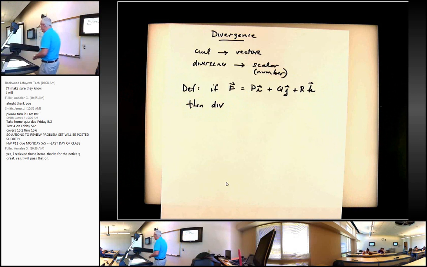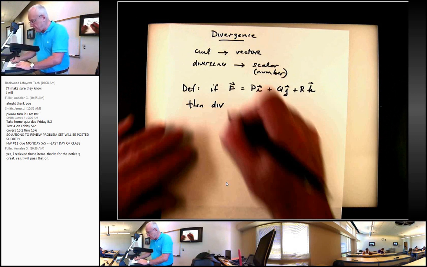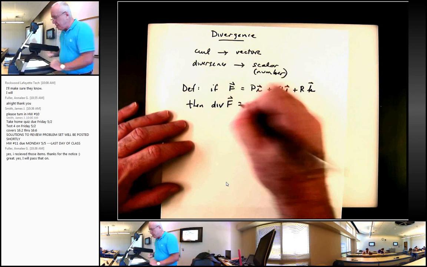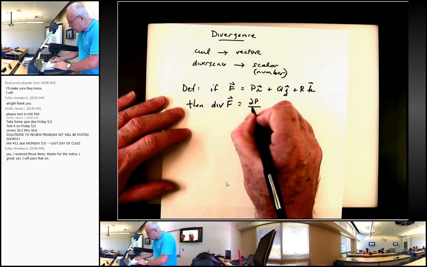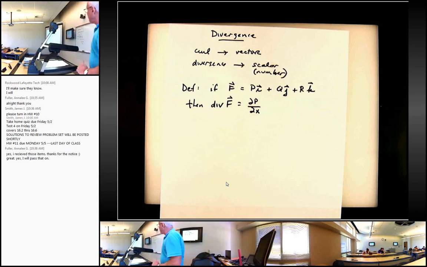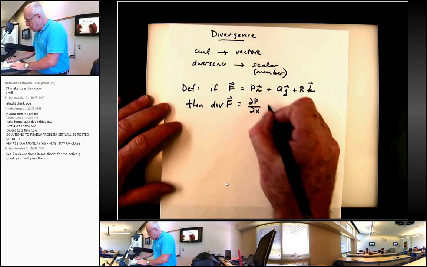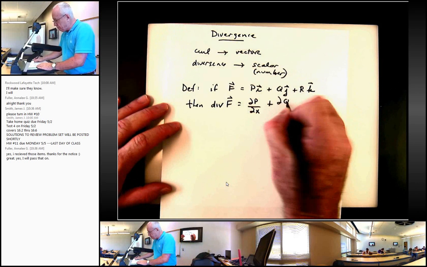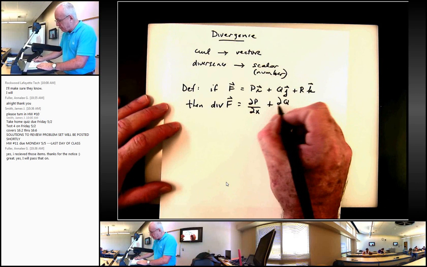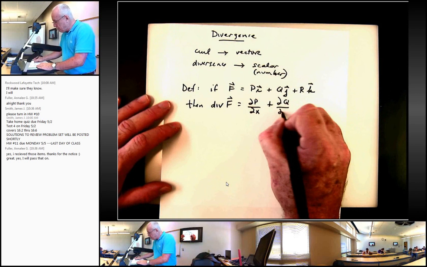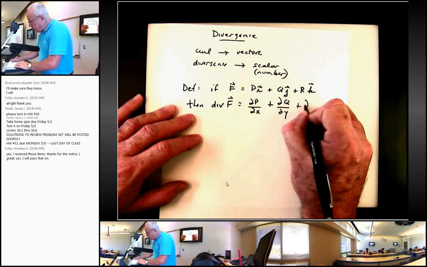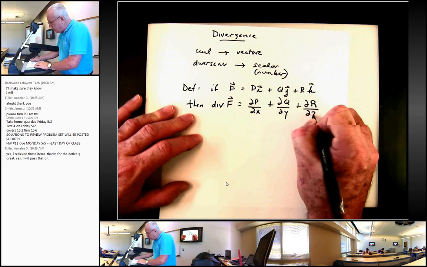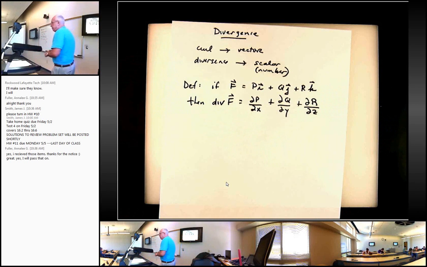The div of F, our vector field, is equal to the partial derivative of the first component with respect to x, plus the partial derivative of the second component with respect to y, plus the partial derivative of the third component with respect to z. That's the definition of div.